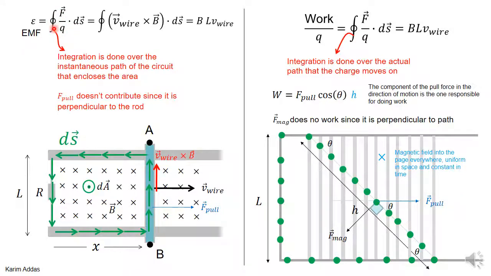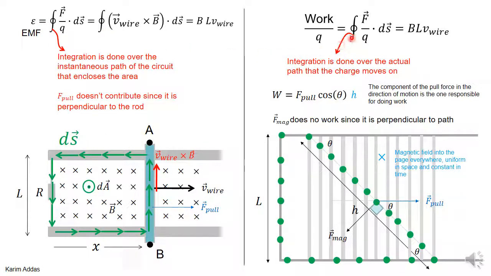When you get the EMF, you're integrating over the instantaneous path of the circuit that encloses the area, which is this rectangular path. If you want the EMF at a certain point in time, take a snapshot of this circuit at that time, and that's the path that you have to integrate over. That's the definition of what the EMF is.